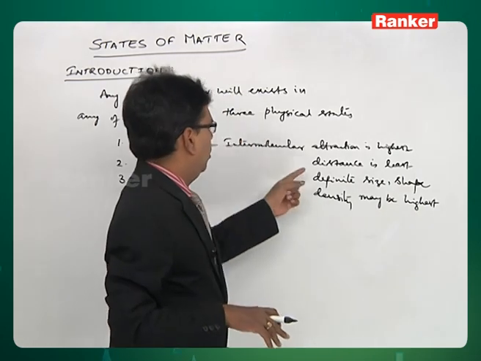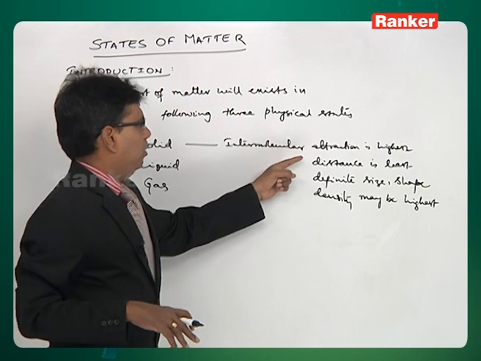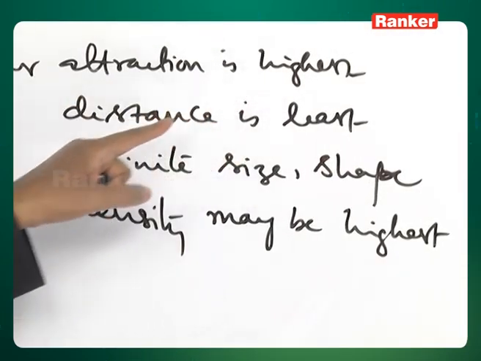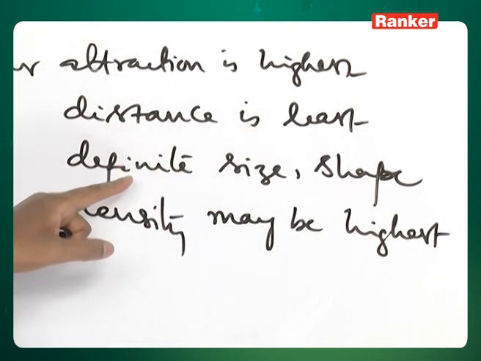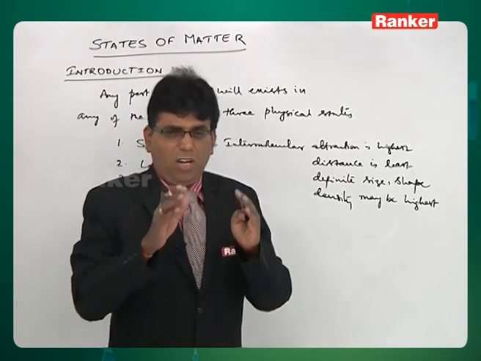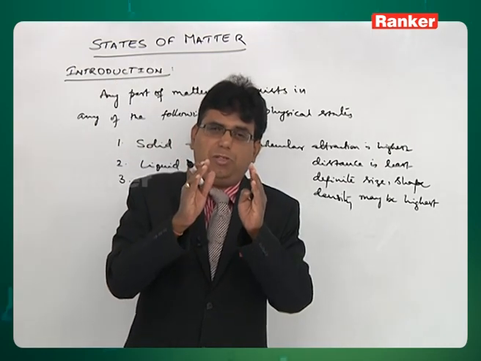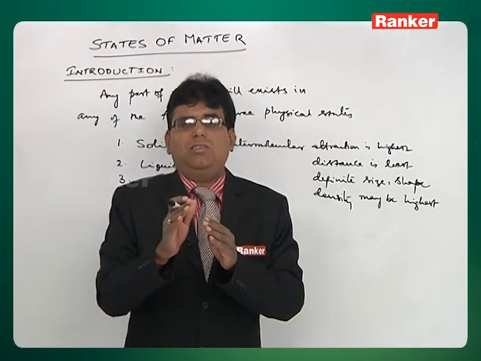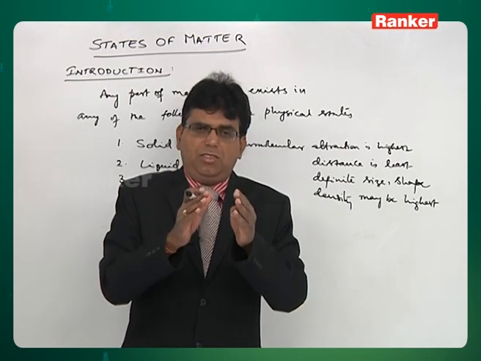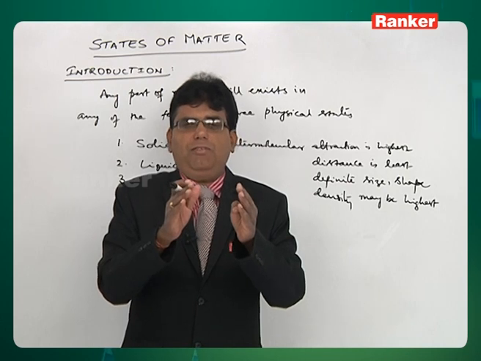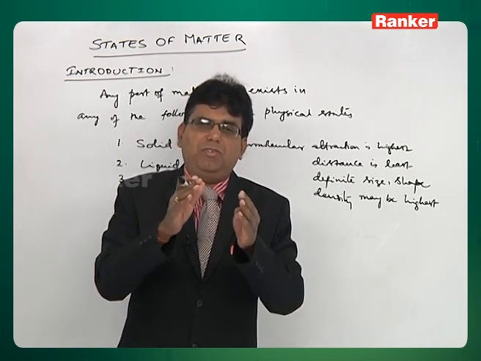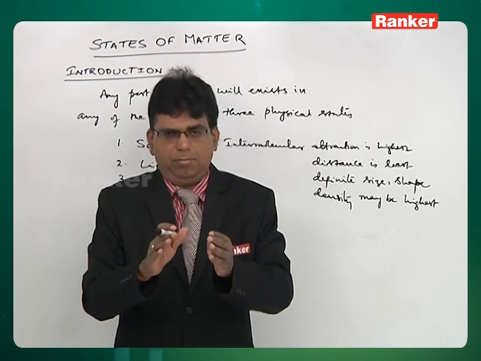Whichever state of matter has the highest intermolecular attraction and least intermolecular distance will possess definite size and shape. As you know, solid substances will have definite size, shape, geometry, but liquids do not have a particular size and shape; they take the shape of the vessel in which they are filled.